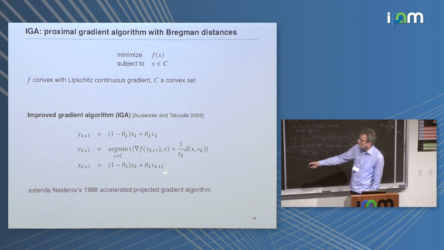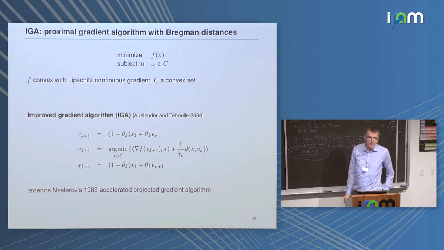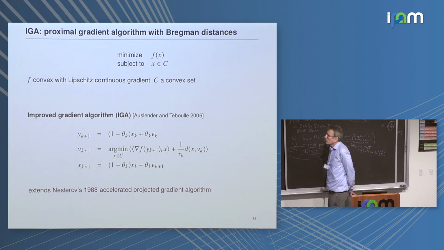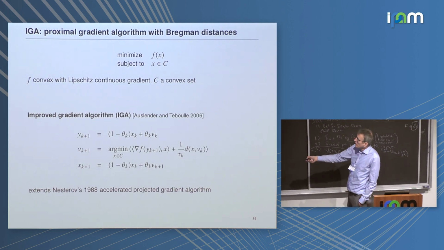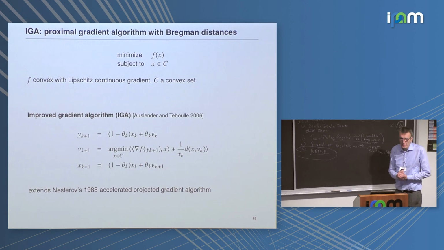If you're familiar with the accelerated proximal gradient methods, this is exactly the same, but the second step replaces the standard proximal projection by a generalized projection. And the convergence conditions are very similar. If f is convex with Lipschitz continuous gradient, then you can show a 1 over k squared convergence for this accelerated method.